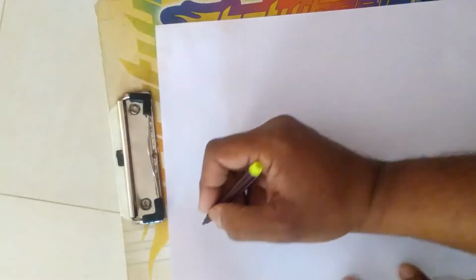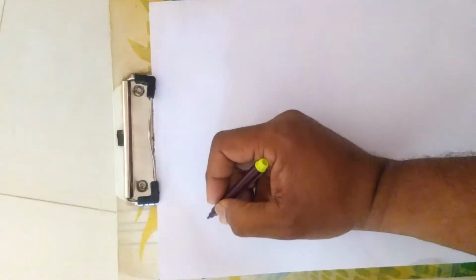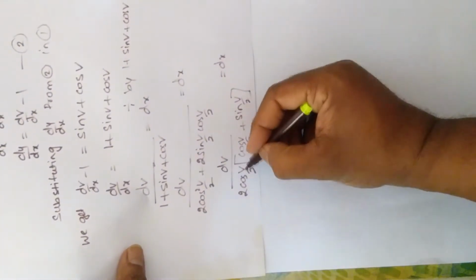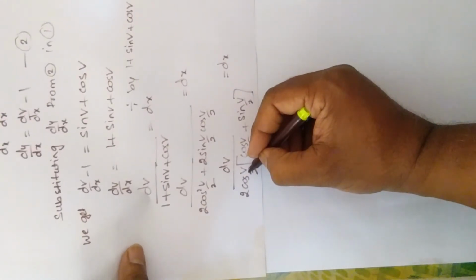Okay, so now 1 by 2 cos(v/2), so 1 by cos(v/2) is sec(v/2), right?